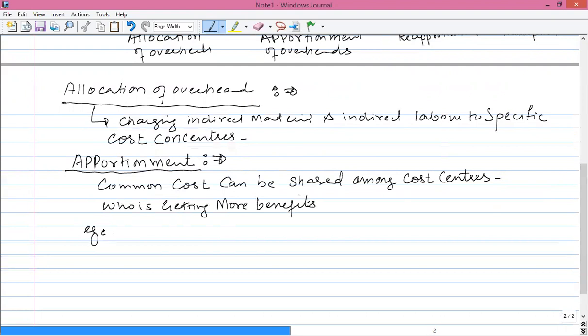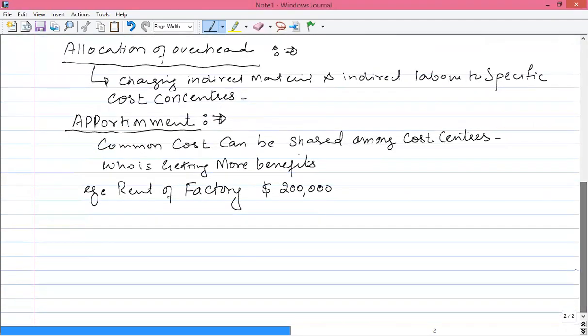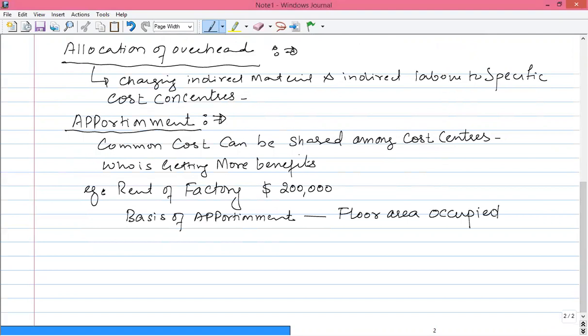For example, take the rent of a factory. Assuming the rent of the factory is 200,000. We have to identify on what basis we can share the cost of the rent among different cost centers. One of the bases of apportionment that we usually use in order to charge these overheads is the floor area occupied by different cost centers.